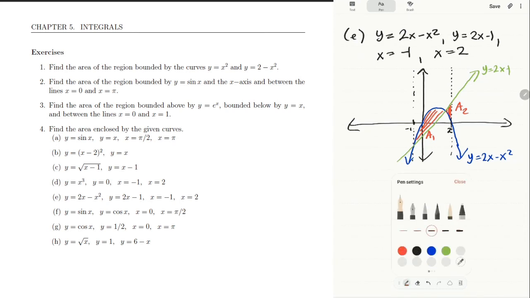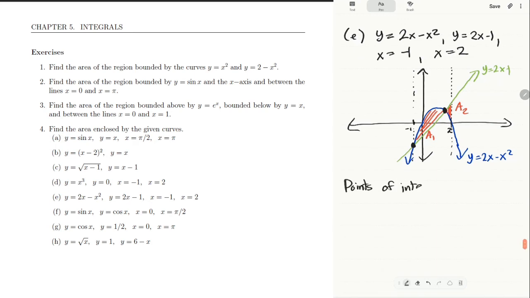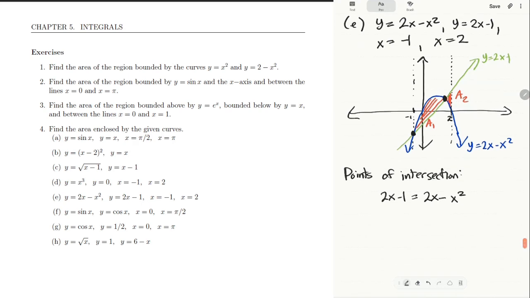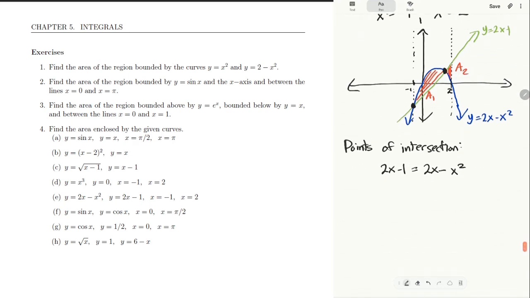So we'll first look for the points where they intersect. So we'll find the points of intersection by equating the functions. So we have 2x minus 1 is equal to 2x minus x squared. So let's move all of the terms to one side.